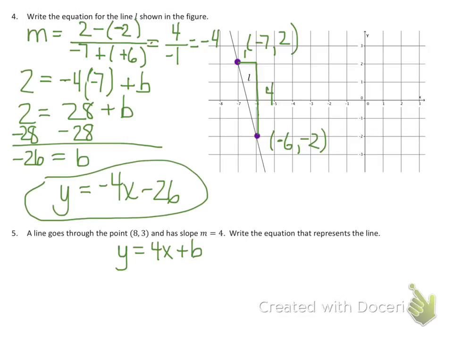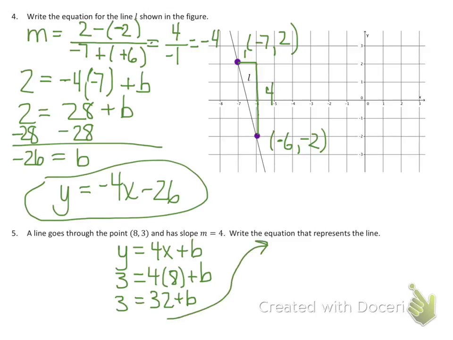The y coordinate is 3 is equal to 4 times 8 plus b. So this is 3 is equal to 32 plus b. So I need to subtract 32 from both sides. So let's continue up here. So we've got 3 minus 32 is equal to 32 minus 32, still have plus b there.